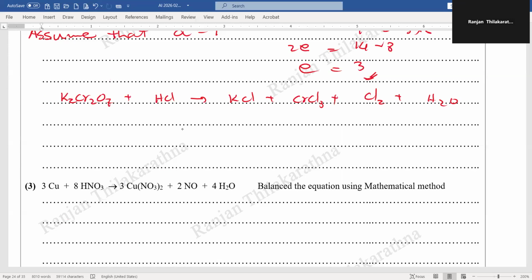Then B equals 14, I think. Then here 2, here 2, here 3. Then finally this was 7.